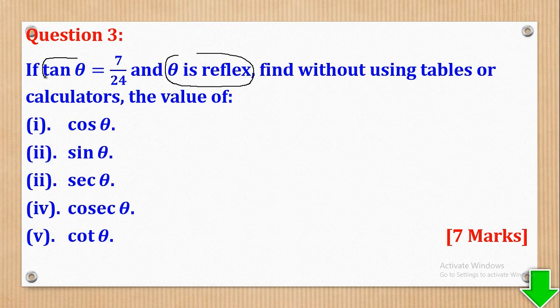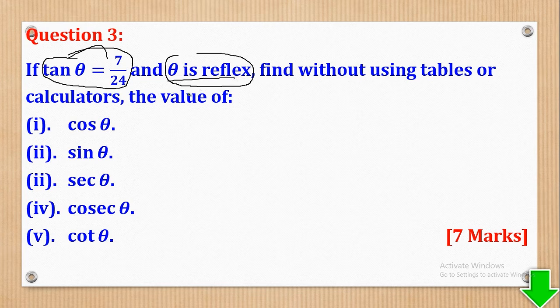To know which quadrant, you look at this ratio given. You are given that tan is positive in that quadrant. So you ask yourself, in the third quadrant and the fourth quadrant, where is tan positive? You have already seen that tan is positive in the third quadrant. Therefore, this reflex angle will lie in the third quadrant.